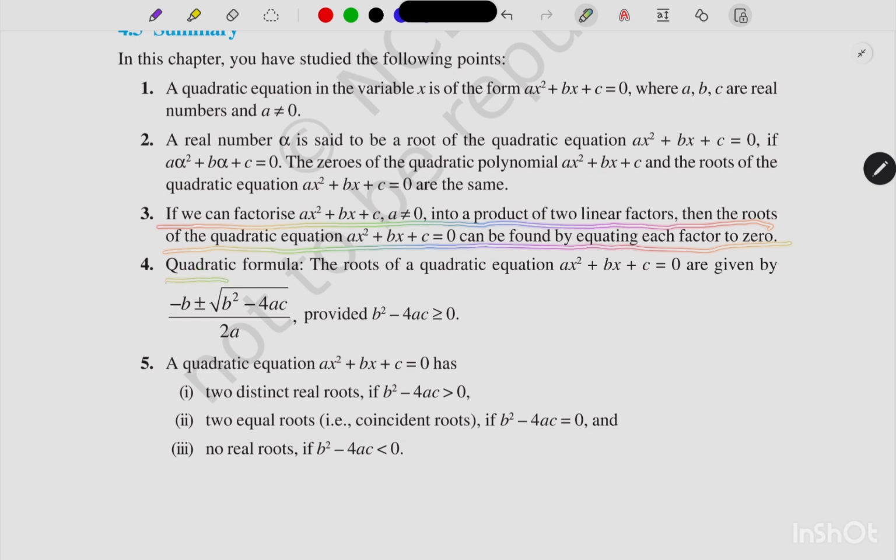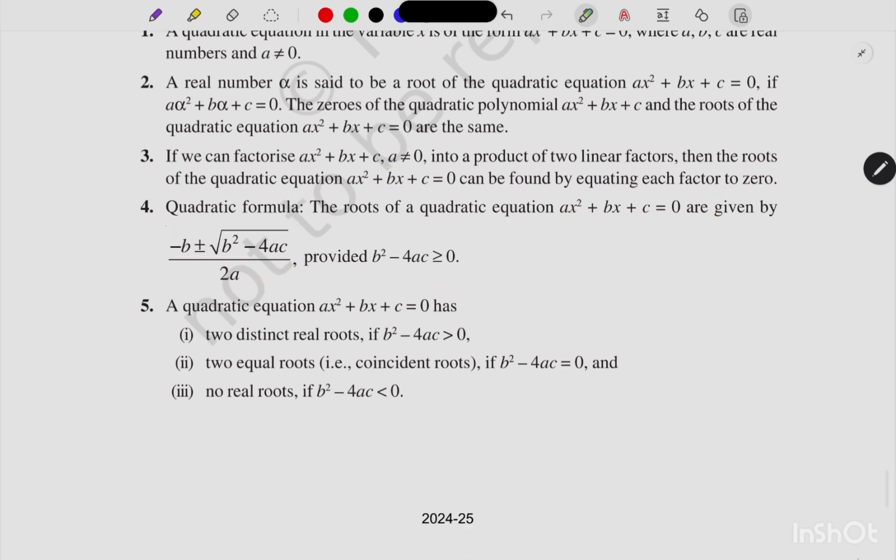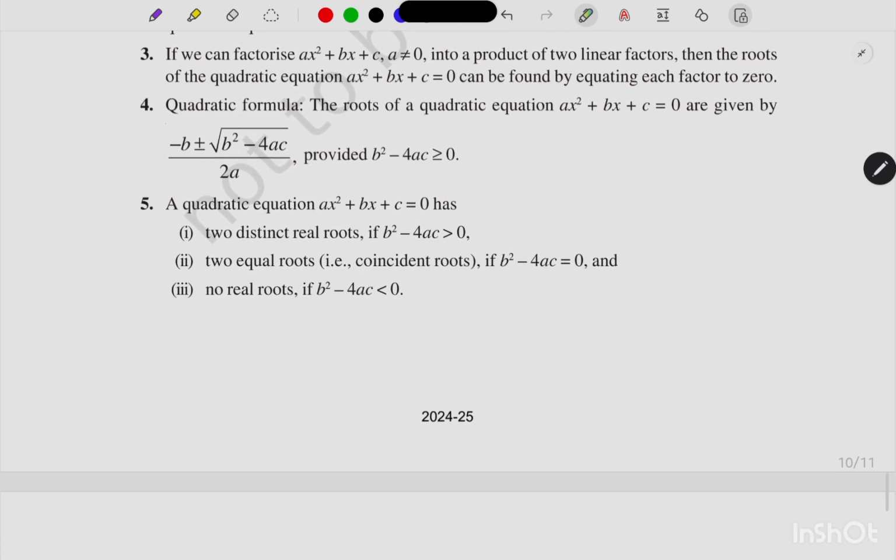Okay, quadratic formula: the roots of the quadratic equation ax square plus bx plus c is equal to 0 are given by this formula. We derived this, we saw how it works, we saw what is the importance of b square minus 4ac. So I hope you still recall it.